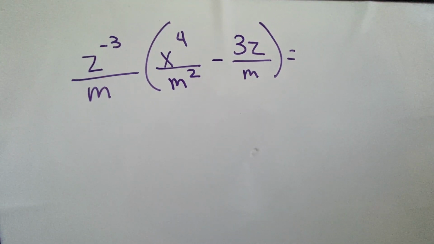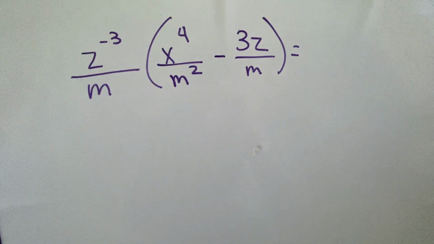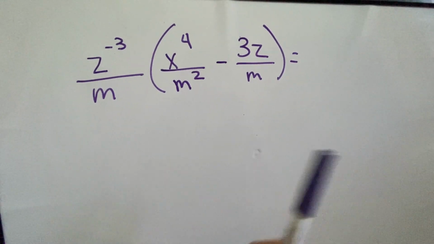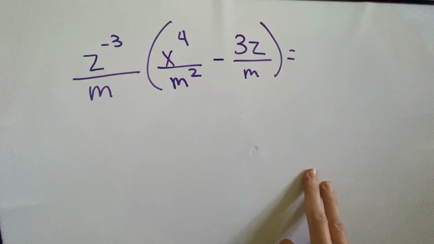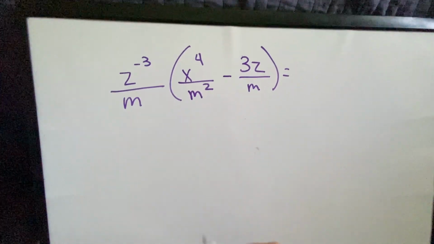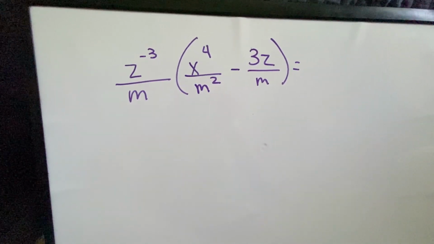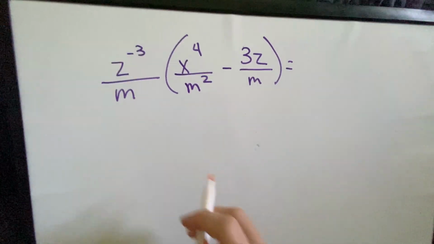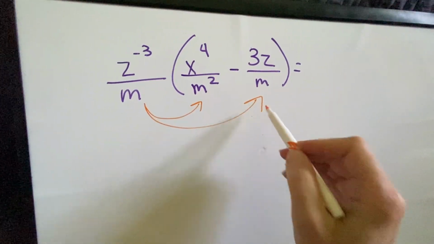All right, so one more thing to finish out the lesson. This is the distribution property again, but we're throwing in some negative exponents to see, can we still solve when we have those scary looking negative exponents in it. Okay, so the same process happens where we take this outside term, we take it times the first term, and then we take it times the second term.